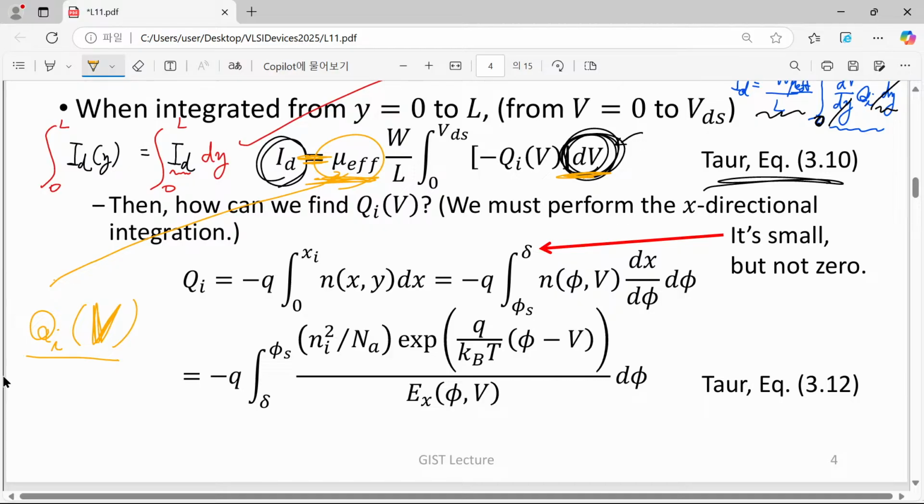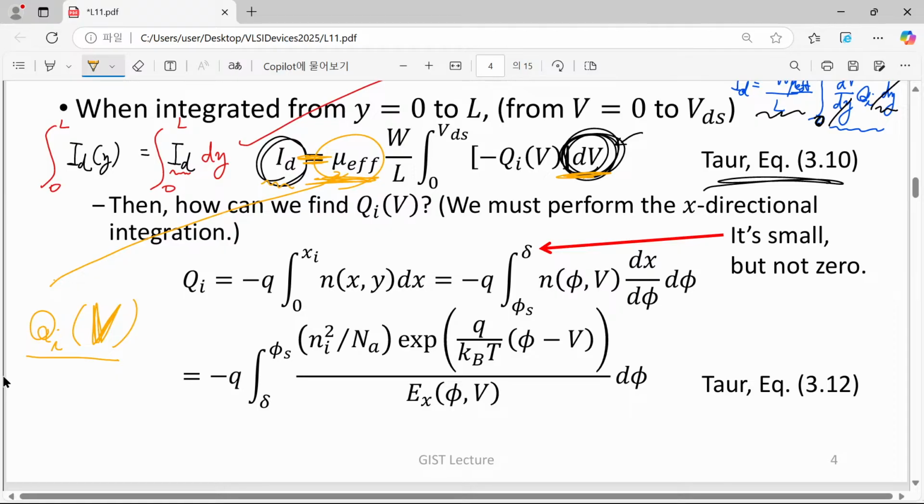Of course, I spent some time reviewing our previous lecture, but after that, we introduced the expression for drain terminal current. And what we have found is that drain current can be obtained as integration of inversion charge. But please don't be confused.